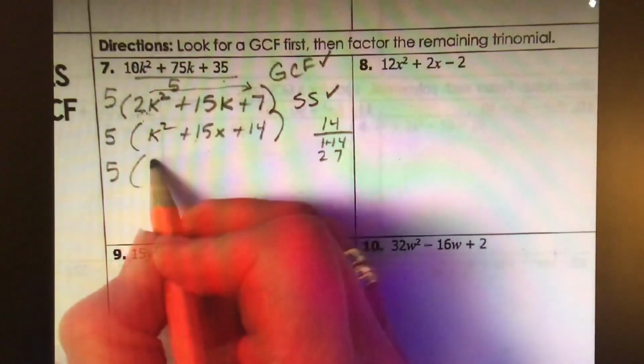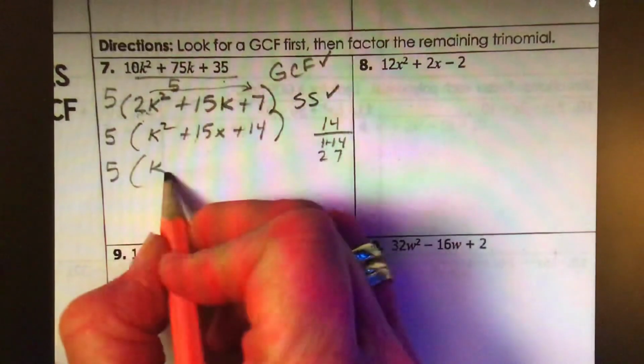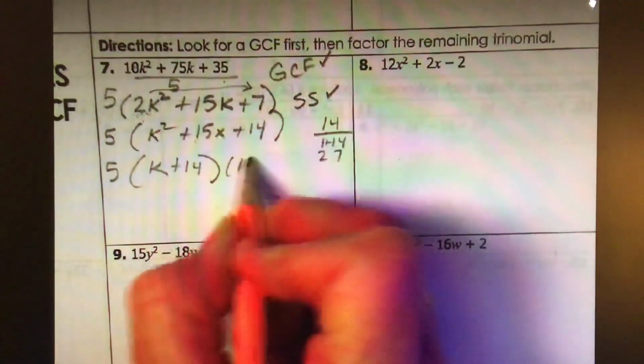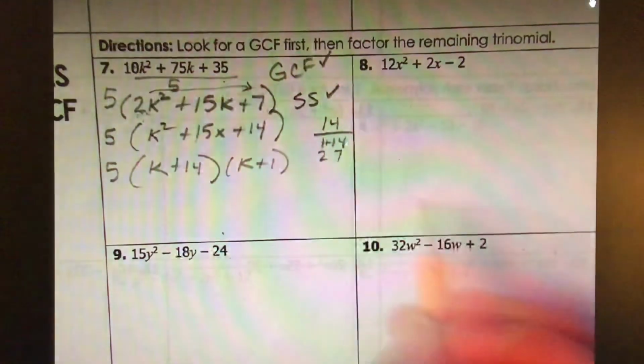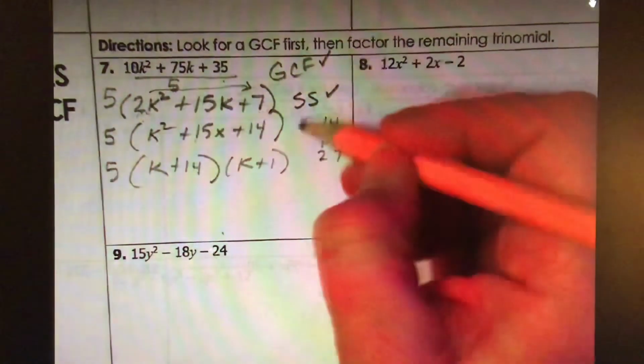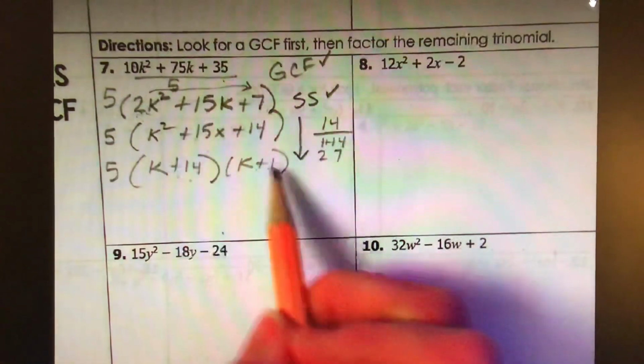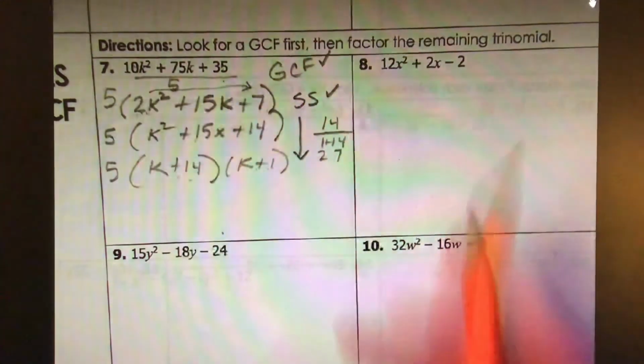Okay, so then I'm going to rewrite this again. Now I have k plus 14 and k plus 1. So this is all the slip and slide method. Now I have to divide by my original coefficient, which was 2.